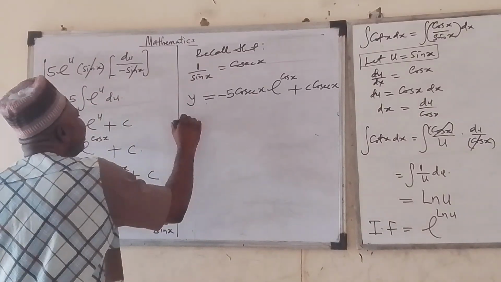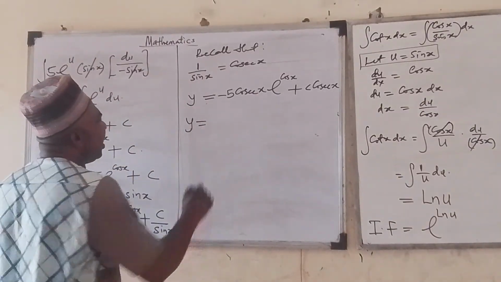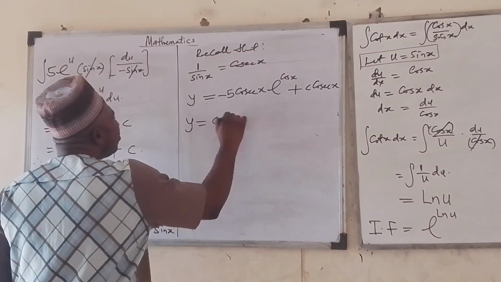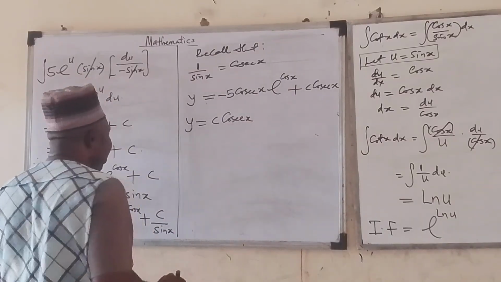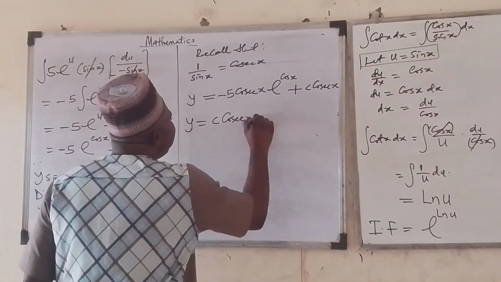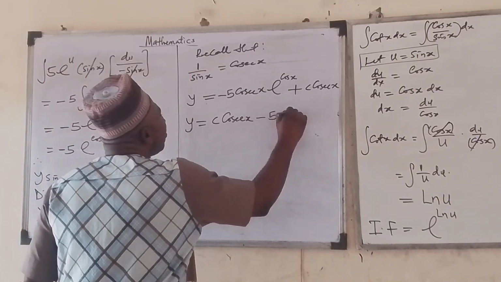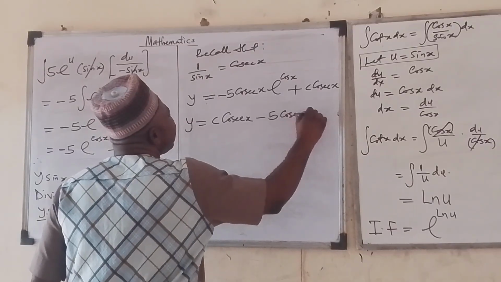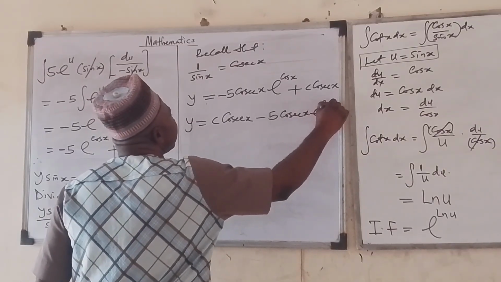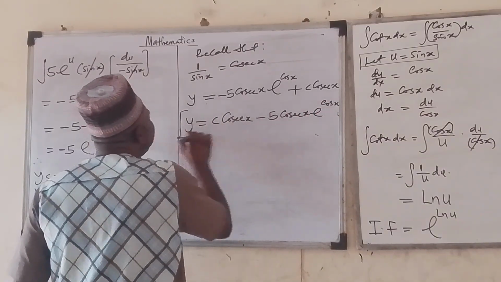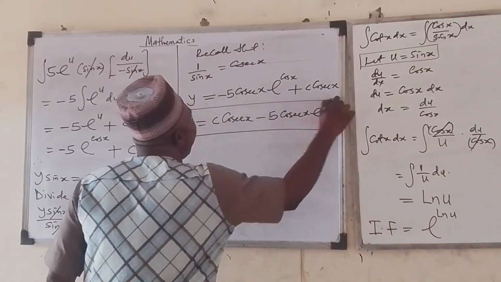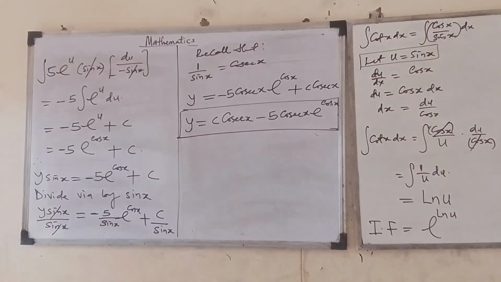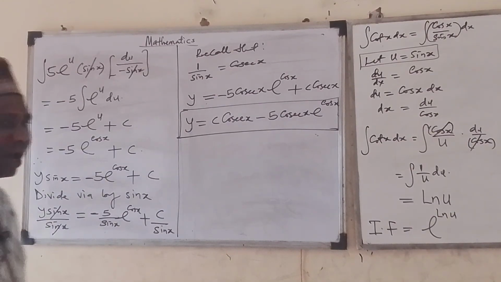So the value of y can also be expressed as c cosec x minus 5 cosec x, then e raised to the power of cos x. So this is the value of y. That's the solution to question number 4.